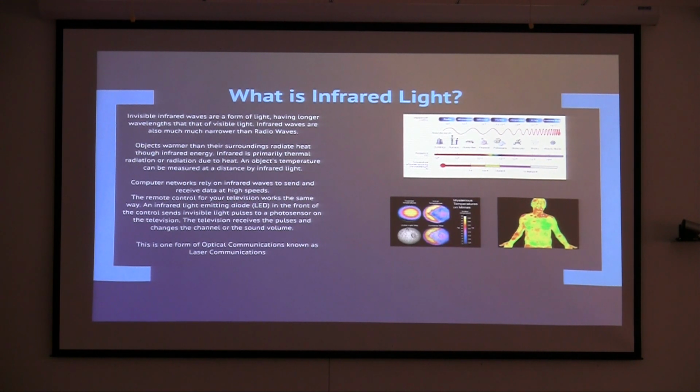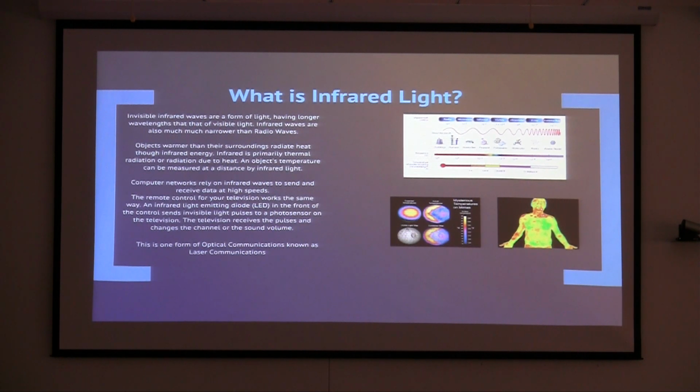Objects warmer than their surroundings radiate heat through infrared energy. So if you see the picture of the human on the right or the moon on the left, using an infrared camera, you can tell the differences of the heat being radiated from an object or an individual. But again, it's invisible to the human eye. You must use an infrared camera for that.